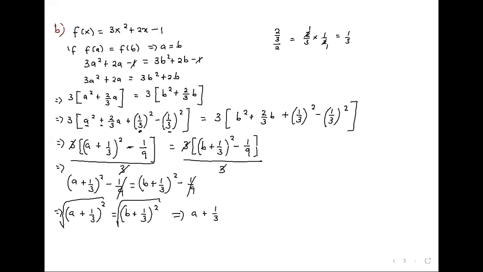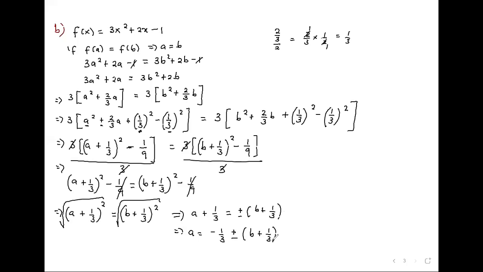Okay, so this is going to be equal to plus or minus b plus 1 over 3. So this means that a is equal to negative 1 over 3 plus or minus b plus 1 over 3.